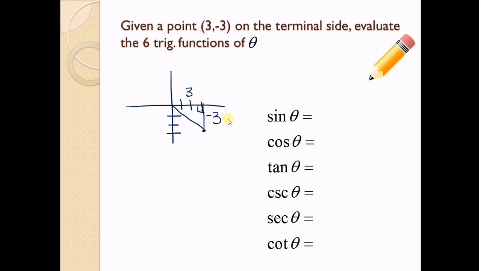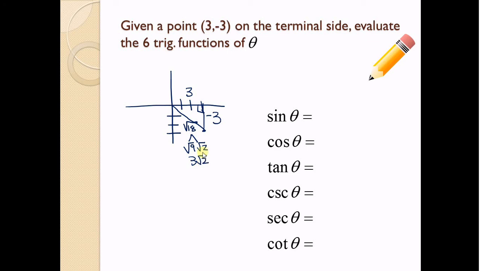Let's figure that out. I'm going to go 9 plus 9. I get 18. So I'm going to get the square root of 18, using Pythagorean theorem. I don't like the square root of 18. I think there's a perfect square in that. So let's break it down. I think a 9 can come out and a 2. So I'll get 3 root 2. That way it's a lot easier when I can simplify. I'm not going to have to break it down every single time.